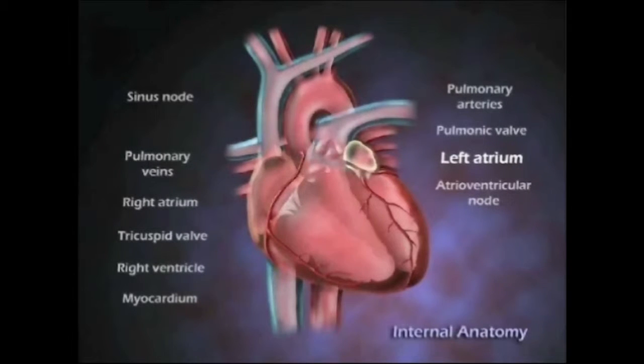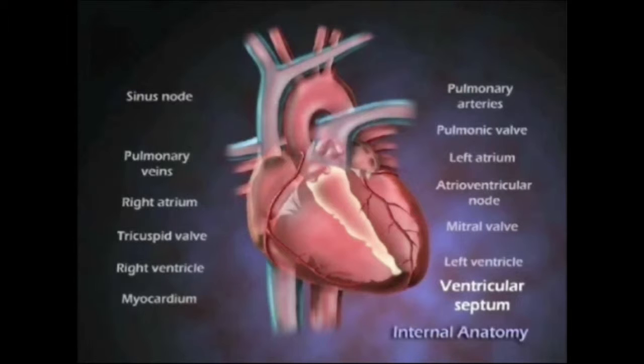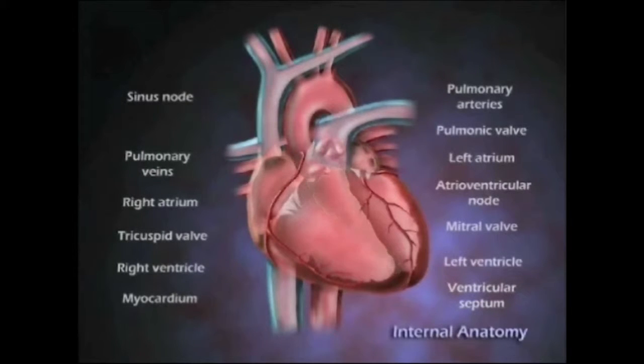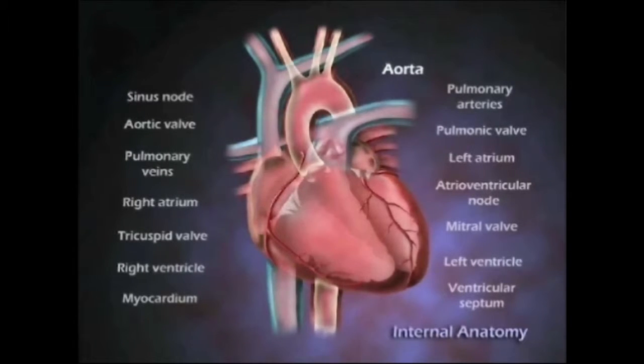The left atrium is separated from the left ventricle by the mitral valve. The interventricular septum is a thick wall of myocardium that separates the left and right ventricles. And finally, the aortic valve separates the left ventricle from the aorta.